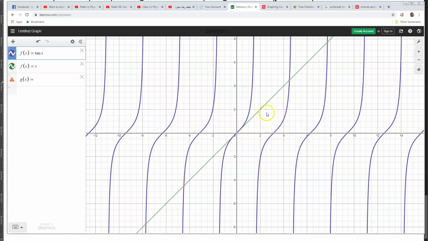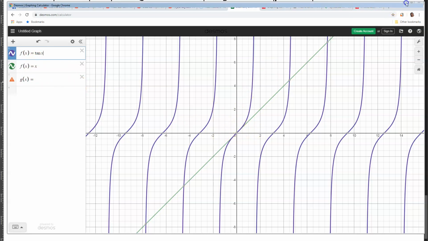So we took the domain of the function as negative pi by 2 to pi by 2, if I'm not mistaken, yes, from negative pi by 2 to pi by 2, and so negative pi by 2 to pi by 2 becomes the range of the tan inverse function, because that's the domain of this function, right?